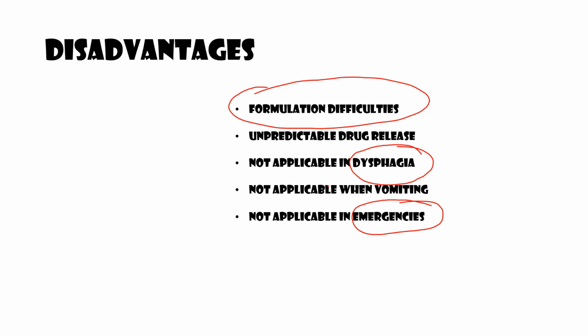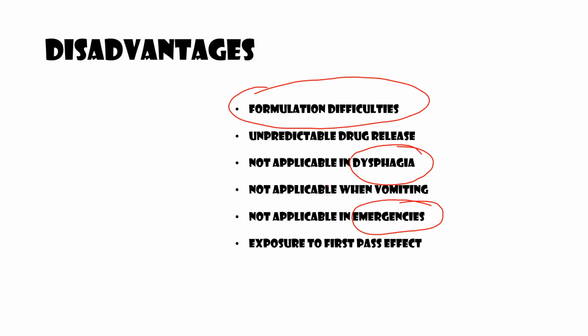So again, depending on how much food that has been had by the patient, this could take between 30 minutes to probably 2 hours. So again, this will make this medication not suitable for emergencies. Again, one of its major limitations.